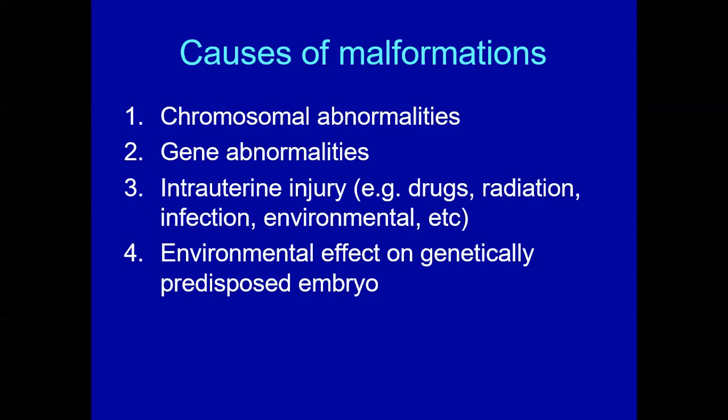So these are the causes of malformation. First, chromosomal abnormalities, considered as autosomal disorders and sex chromosome disorders. Otherwise, gene abnormalities. Another is intrauterine infections and intrauterine injury, for example during radiation, and environmental causes.